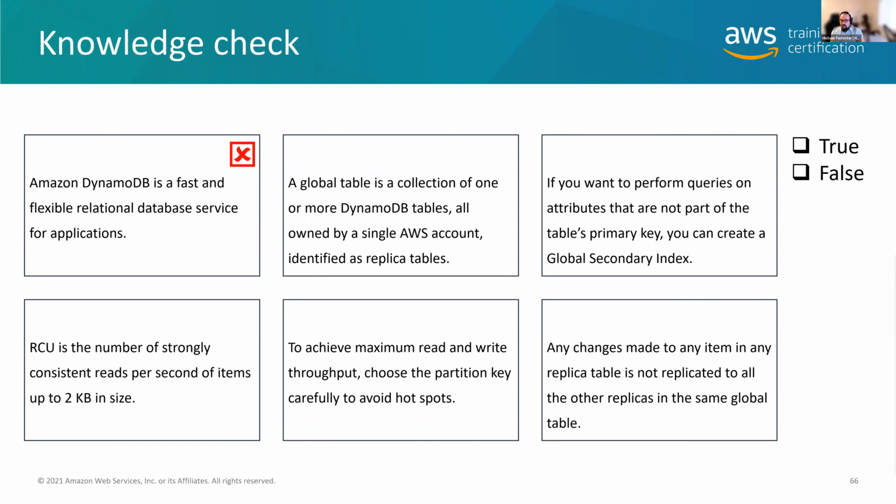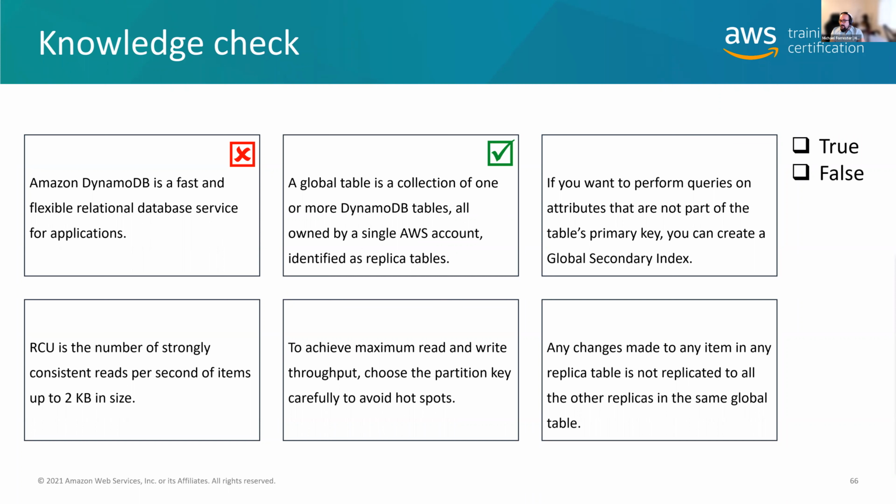Is that a true description of how global tables work, or is that false? Because remember, with a global table, you first create all of the replica tables first, and then you make them with streaming enabled, and then you make them a member of the global table, and they're all owned by a single account, actually. So that's true.